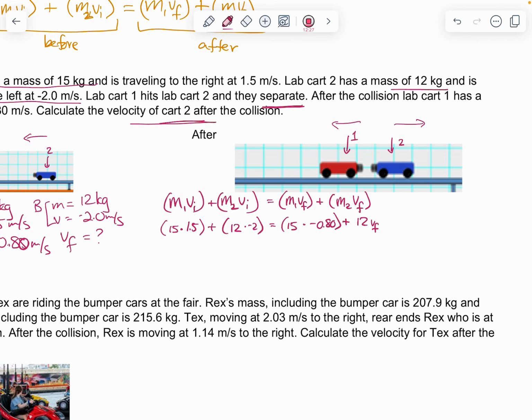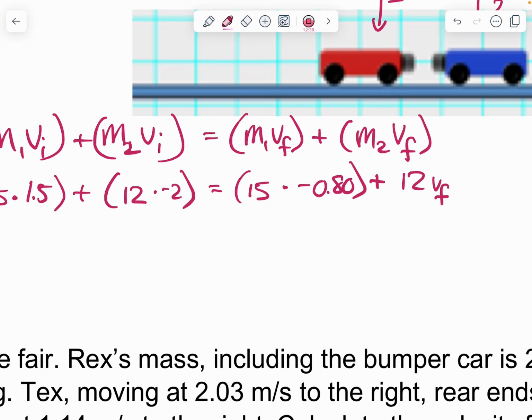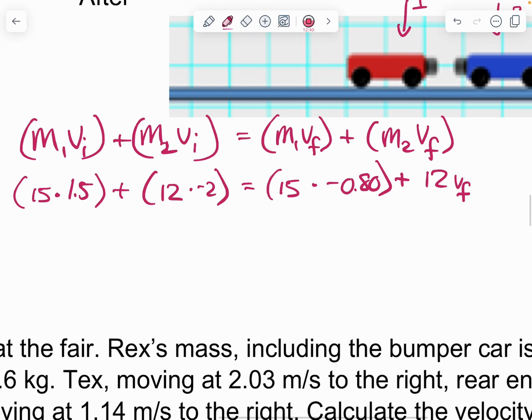Now, just be careful, all right? When you get all these numbers and all these letters in here, make sure you have something left to solve for, right? I have to have a variable here instead of a number, so I have something to solve for. So let's go ahead and do this math. 15 times 1.5 gives me 22.5. 12 times negative 2 is negative 24.